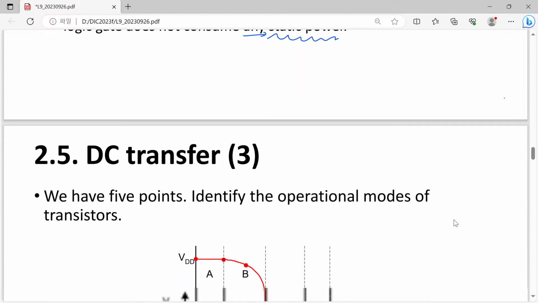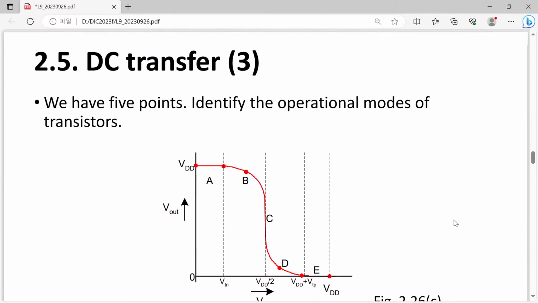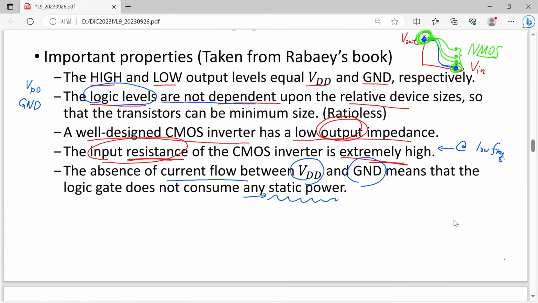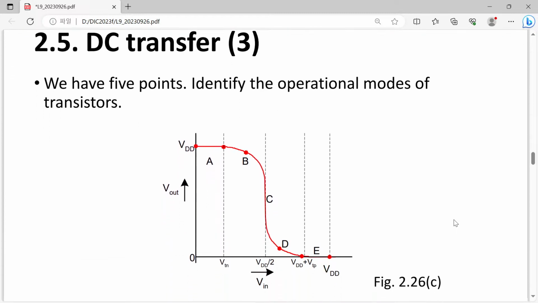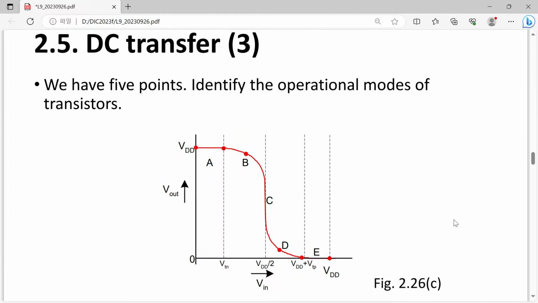Okay. So now I have covered quickly the important points of this CMOS inverter. Now let's cover our lecture material. We have the voltage transfer curve of our CMOS inverter. You can see the graphs like an inverter. Of course, as I told you before, the ideal would be like this. That would be the ideal case.